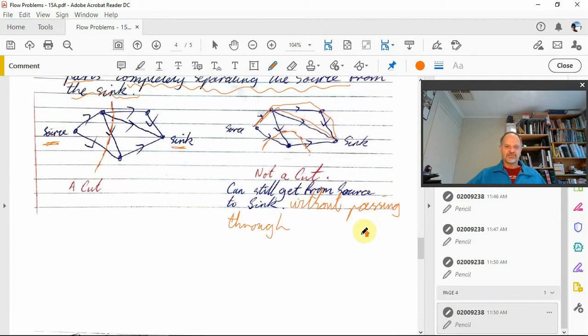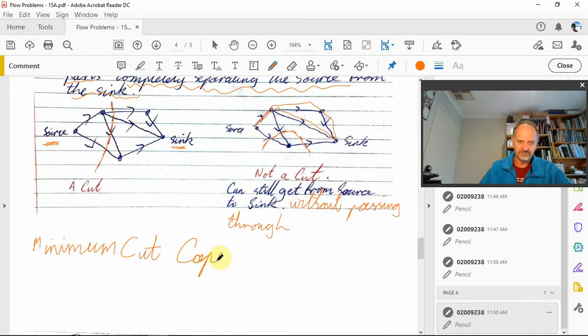And as it works out, our minimum cut capacity will equal our maximum flow.